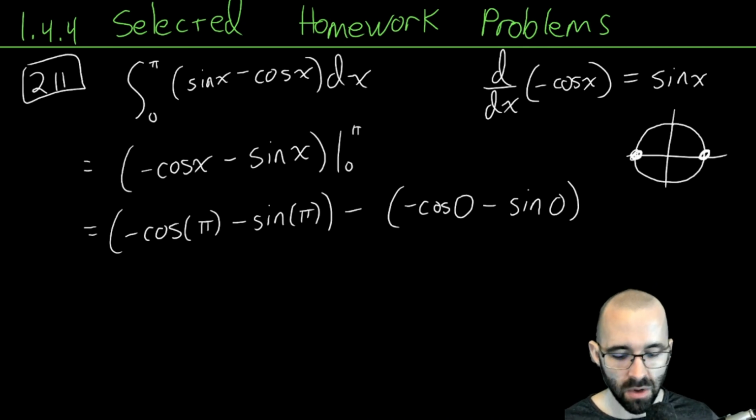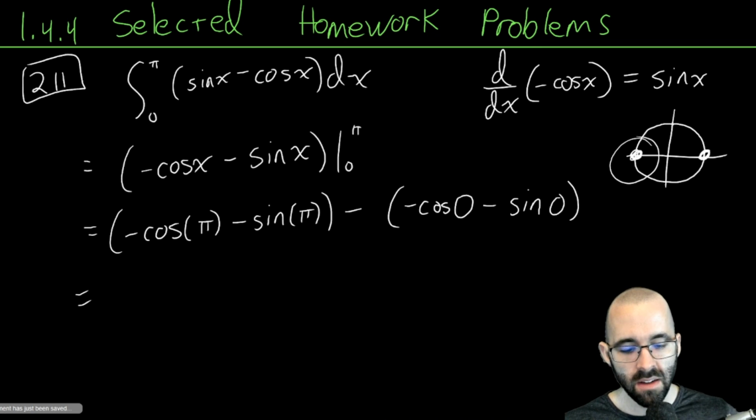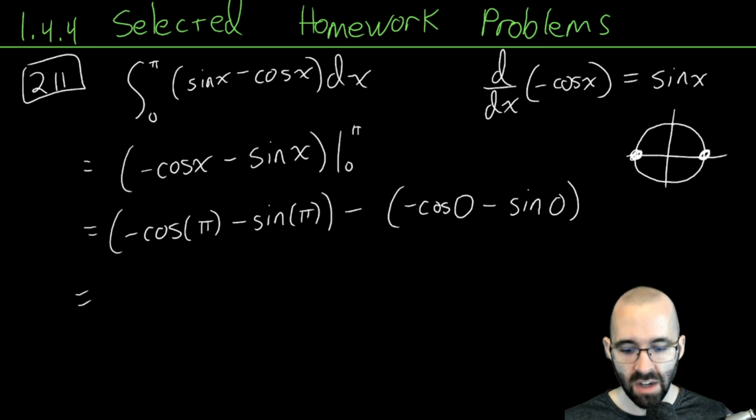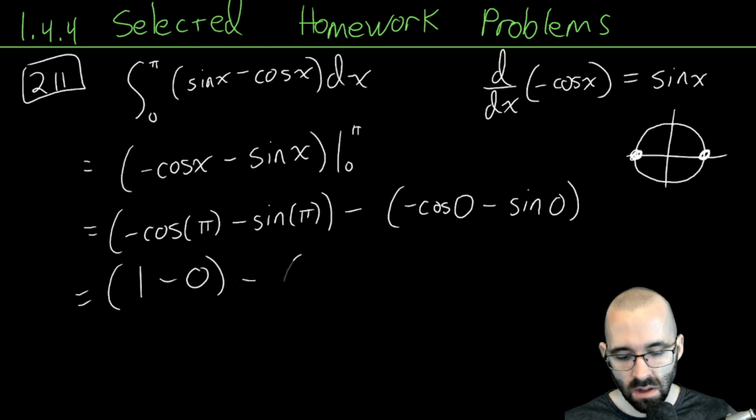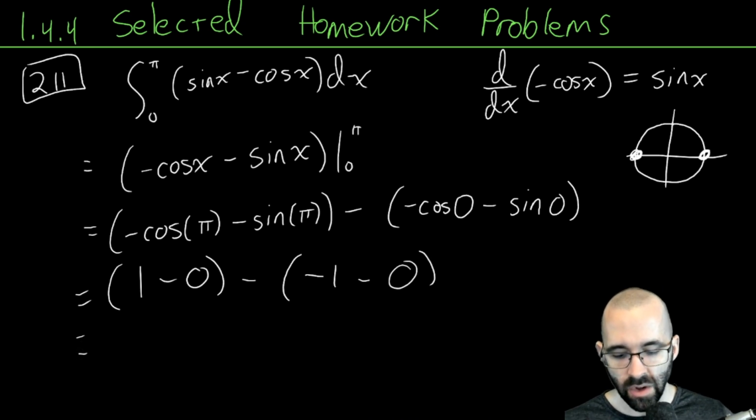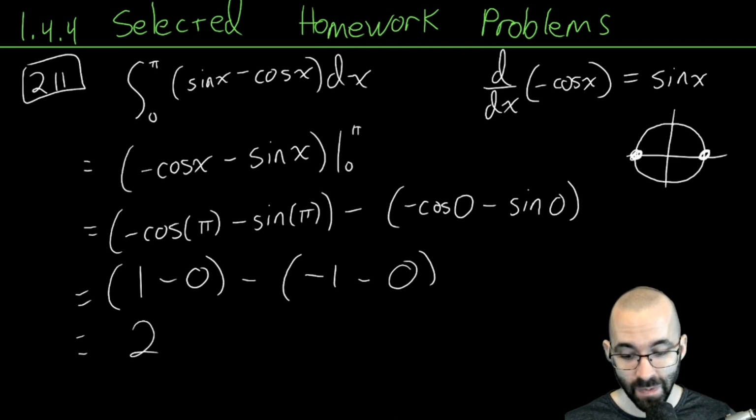Sine is going to be the y-coordinate. At pi, the x-coordinate's negative 1. So we have negative negative 1, positive 1. Sine is the y-coordinate, which is 0. At 0, the x-coordinate is 1. So we have negative 1 minus the y-coordinate, which is still 0. And we're going to get 1 plus 1. 2.